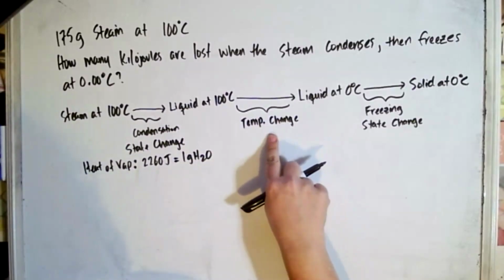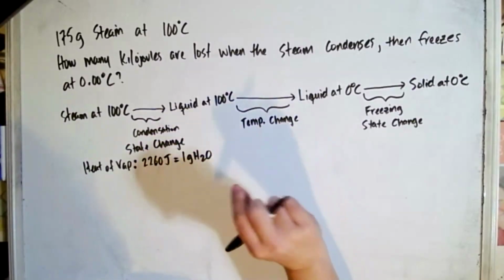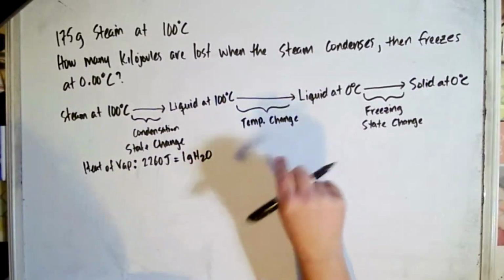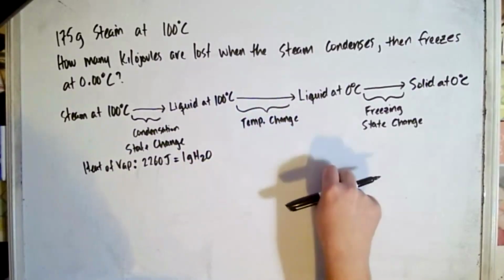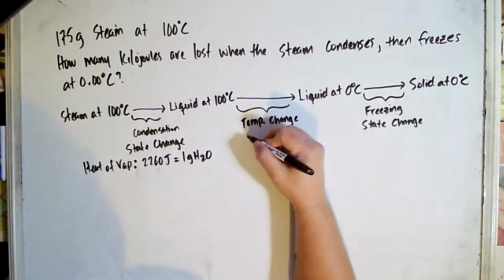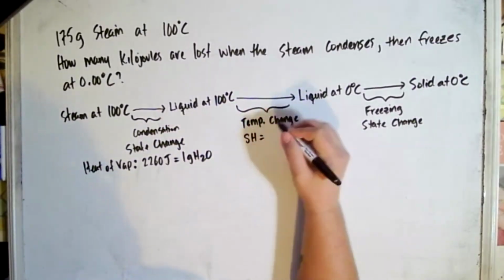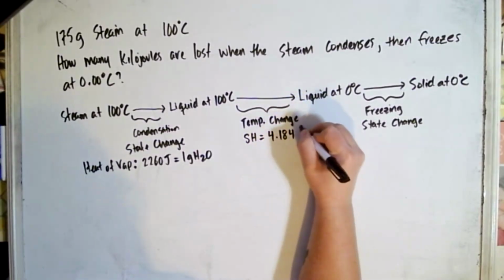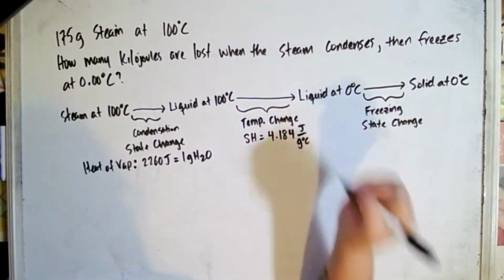For our temperature change, we're going to need to use heat equals mass times temperature change times the specific heat. This is water, so we'll need the specific heat of water for this. The specific heat of water is 4.184 joules over grams degrees Celsius.